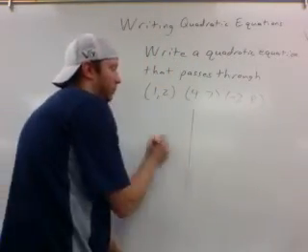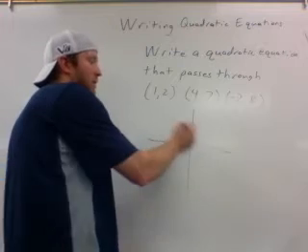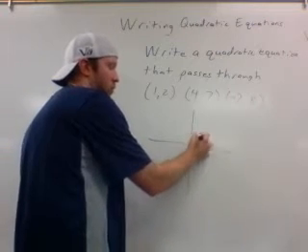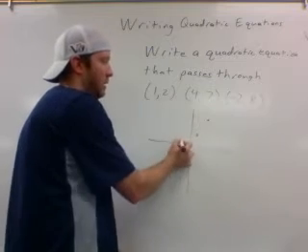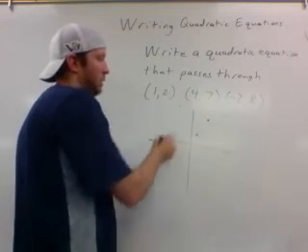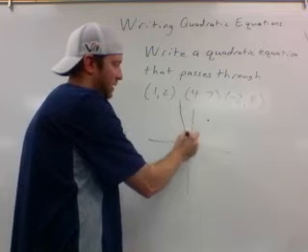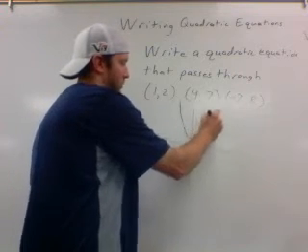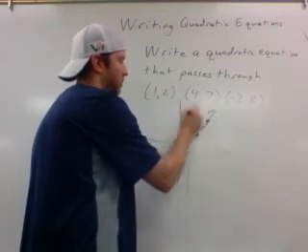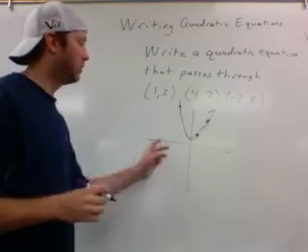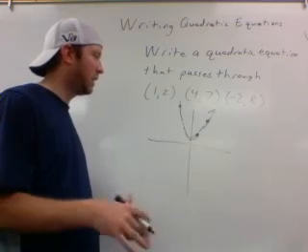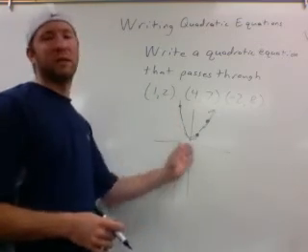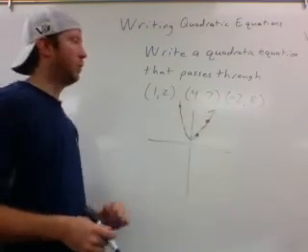So there's going to be some parabola out there that passes through these 3 points. 1, 2 might be something like that. 4, 7, something like that, negative 2, 8. I can kind of guess it's going to be something roughly like that that goes through those 3 spots. Not quite drawn to scale, but that's okay. So there's a parabola that exists that goes through those 3 points.